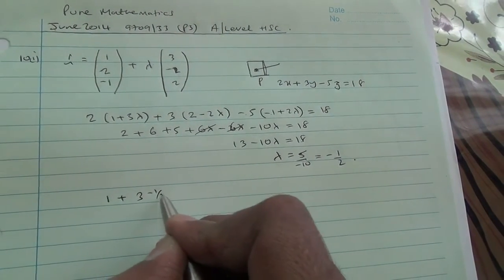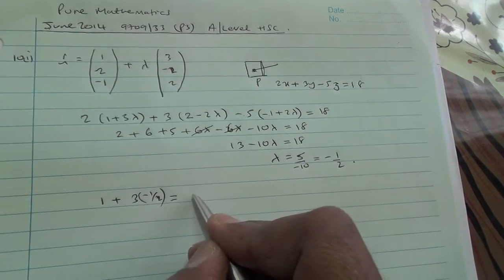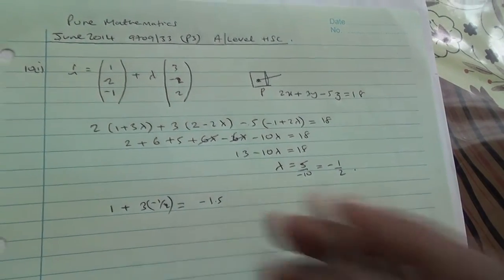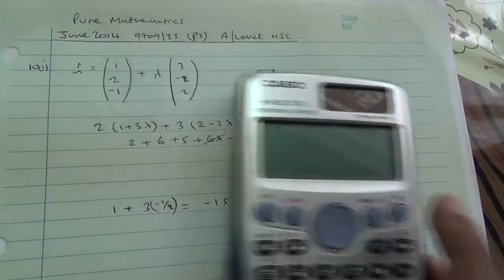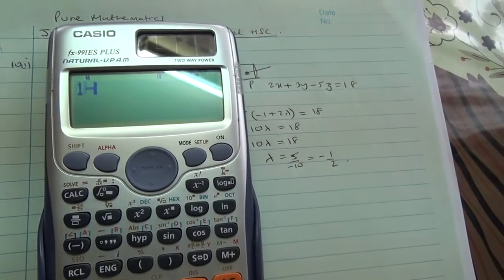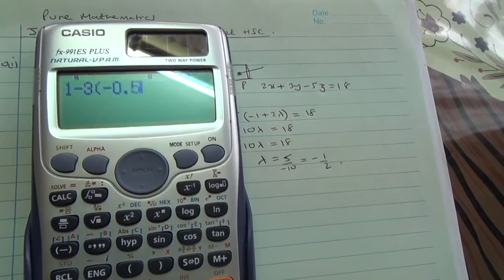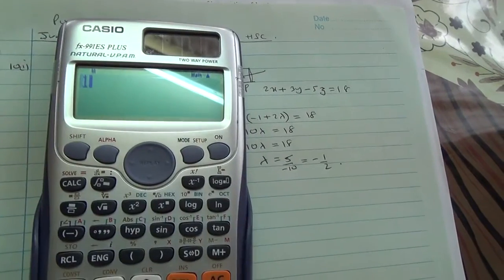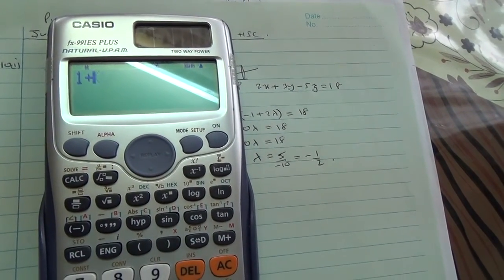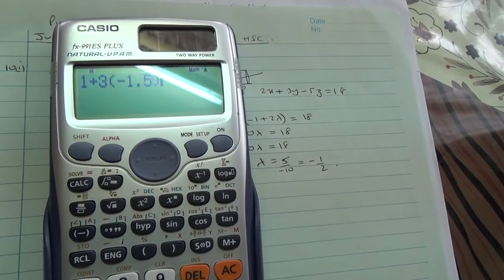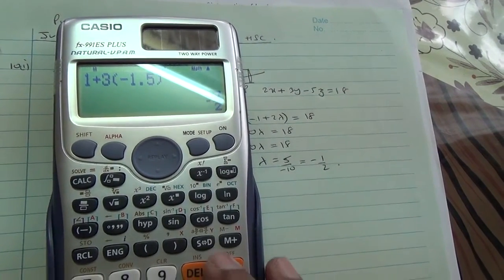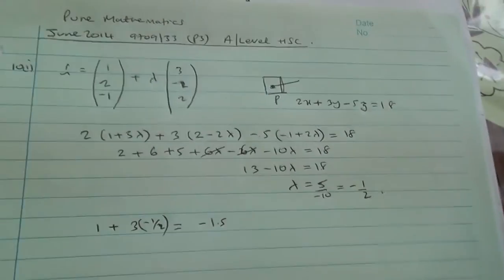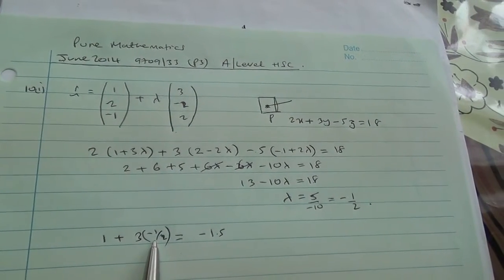Lambda is minus half. Sorry, that should have been 1 plus 3 times minus half.